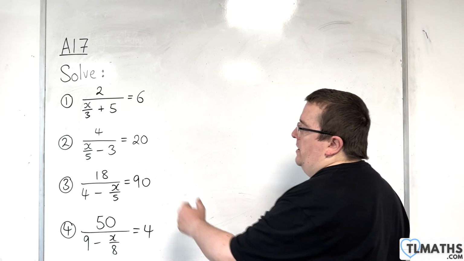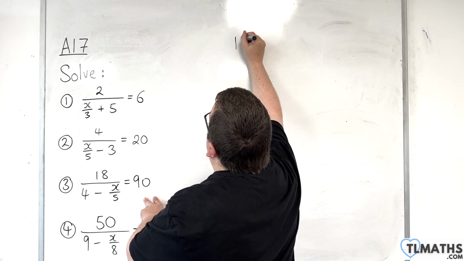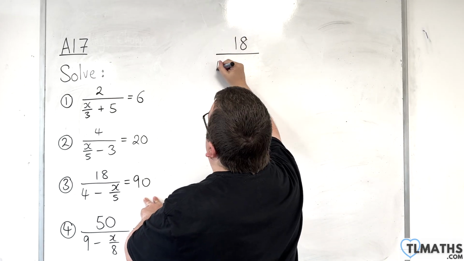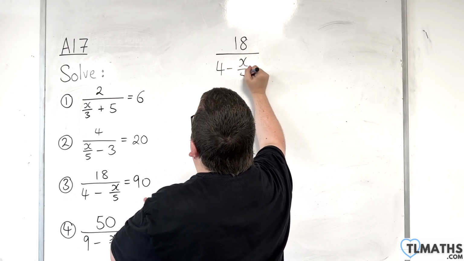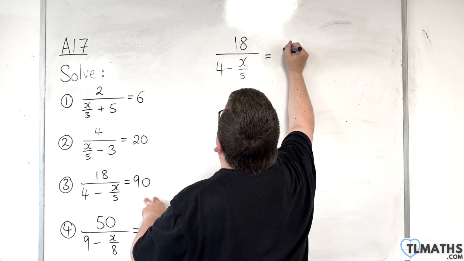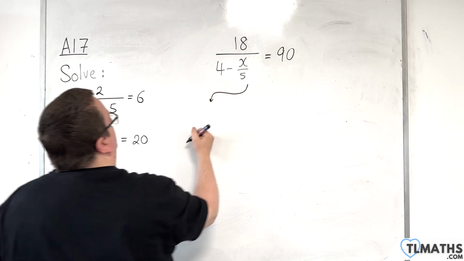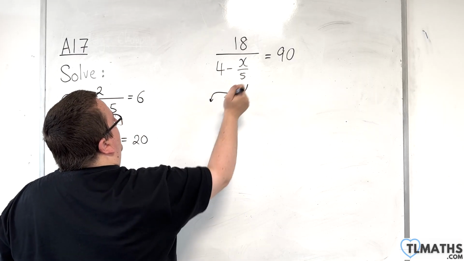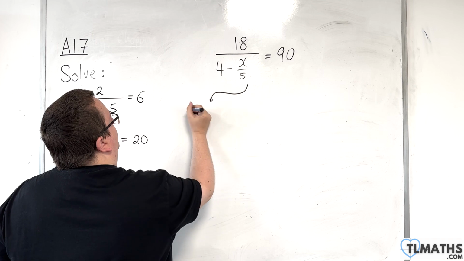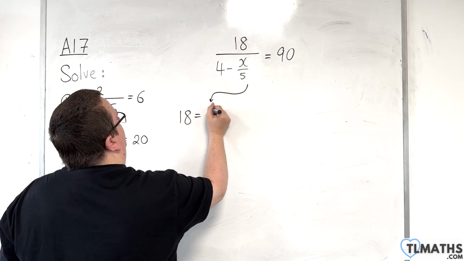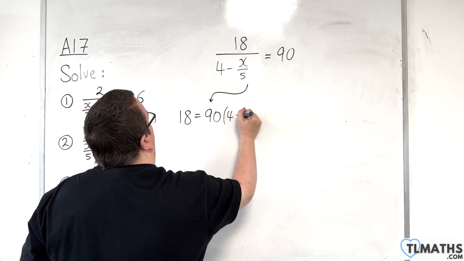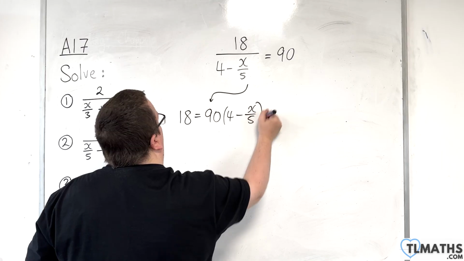Okay, so number 3, we have 18 over 4 take away x over 5 is equal to 90. So first method, multiply both sides by the denominator 4 take away x over 5. So 18 equals 90 lots of 4 take away x over 5, like so.